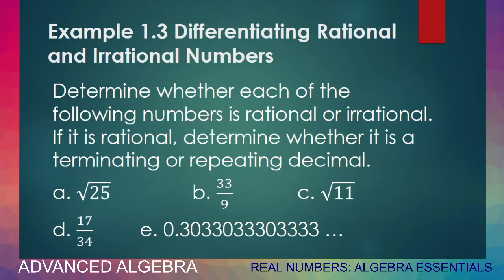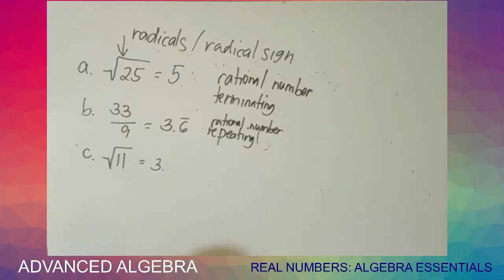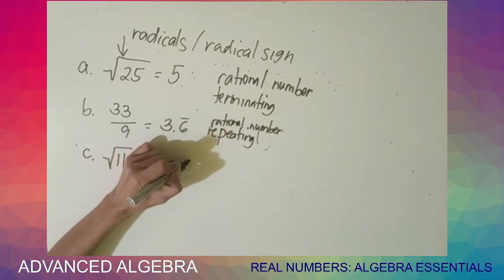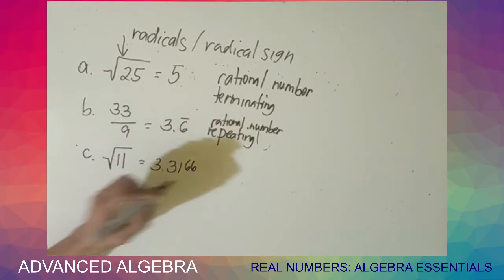Okay. So, anong square root ng 11? According sa calculator, 3 point something, 3.3166.